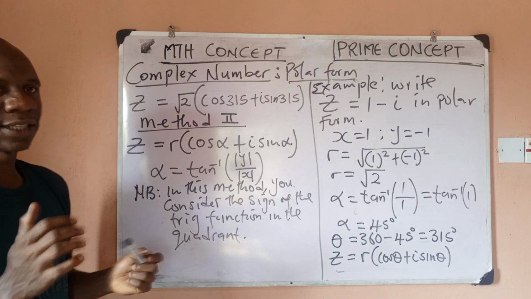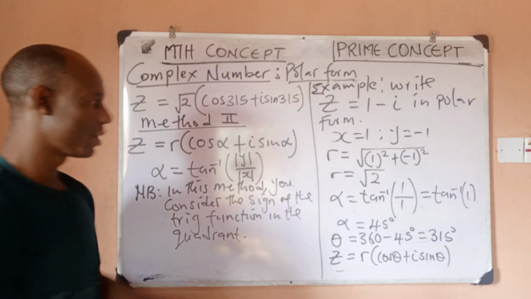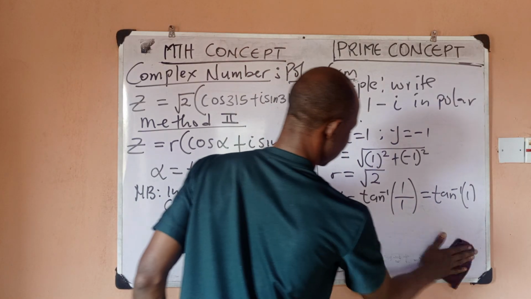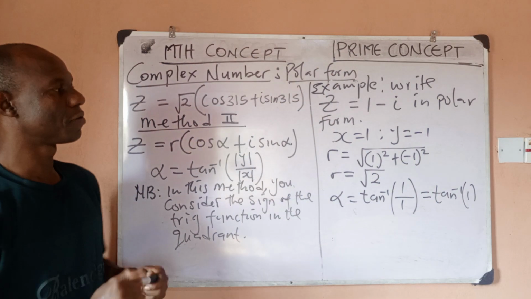You consider the sign of the trig function in that quadrant. Now let me explain this also to you. I'm not repeating the process where I'm solving the same problem.